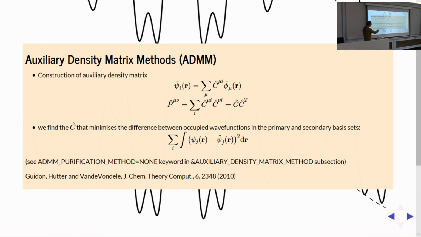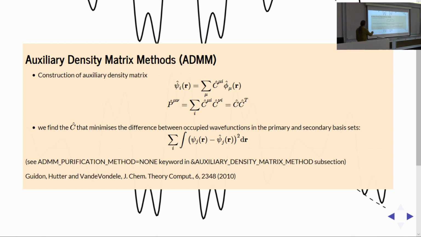They're always going to be Gaussians. And we build our density matrix by summing over the occupied Kohn-Sham orbitals, that's what this I is, and we take the product of the basis set coefficients for these orbitals.